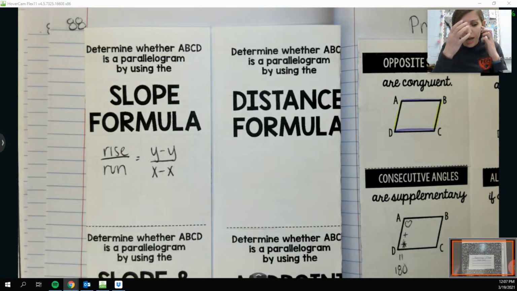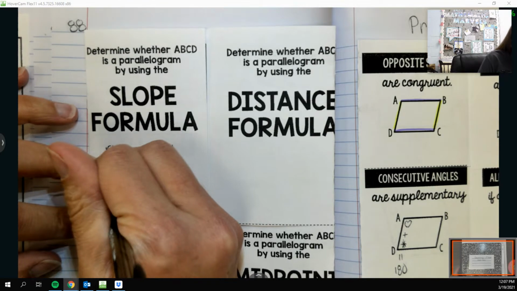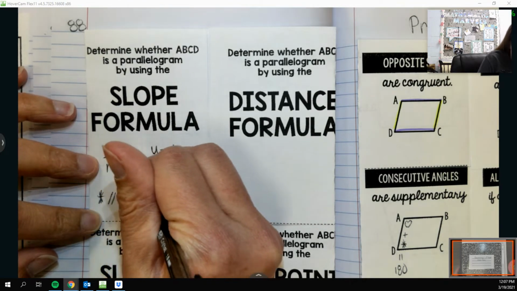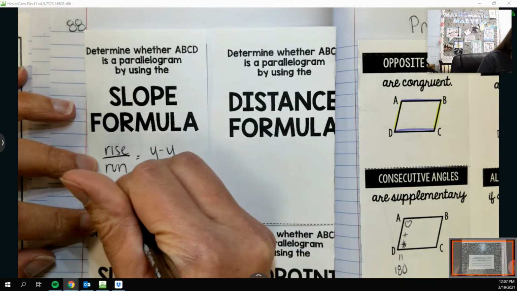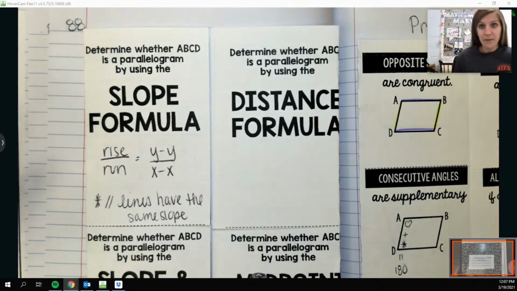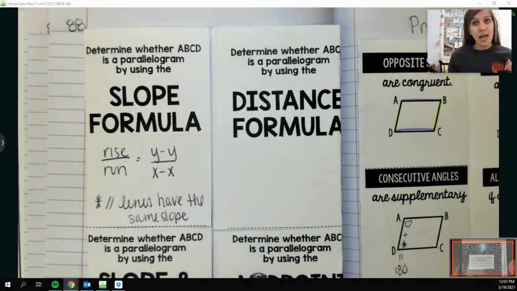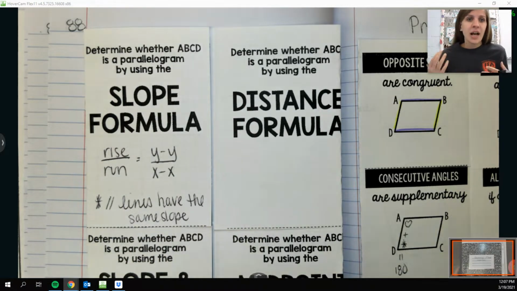That's helpful because parallel lines have the same slope. So that will tell me if I have two sets of parallel lines, or only one set, or no sets of parallel lines. So it'll determine if I'm a parallelogram, trapezoid, or kite.